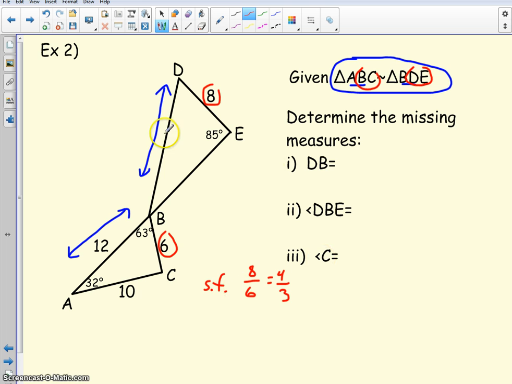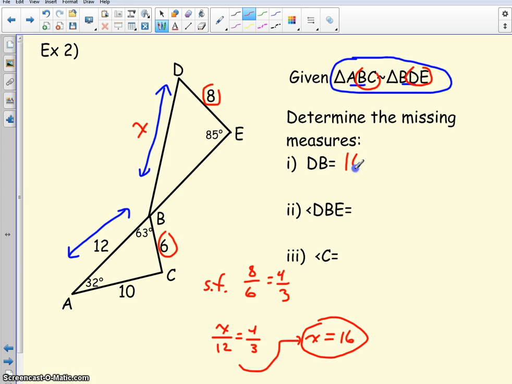With that in mind, we can then solve for DB. So I'm just going to call this one x over here. So that would mean that x over 12 is 4 over 3. Multiply both sides of the equation by 12, and you're going to wind up with x is 12 times 4 is 48, divided by 3 is 16. So that side length becomes 16.